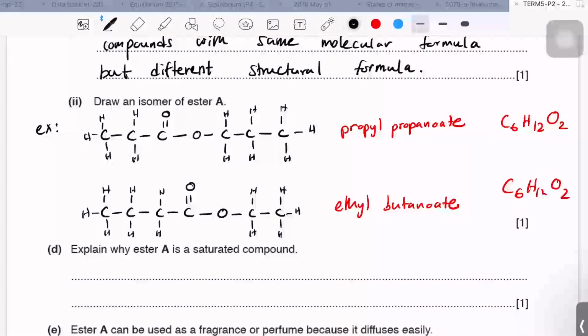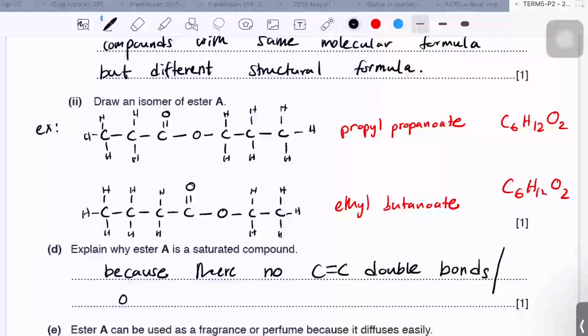So A is saturated because there are no carbon-carbon double bonds. Or you can say there are only carbon-carbon single bonds.